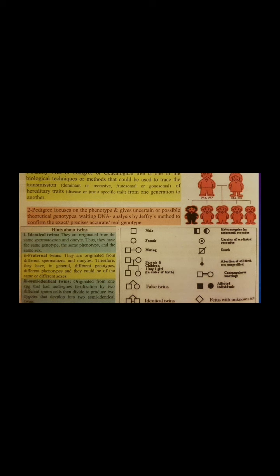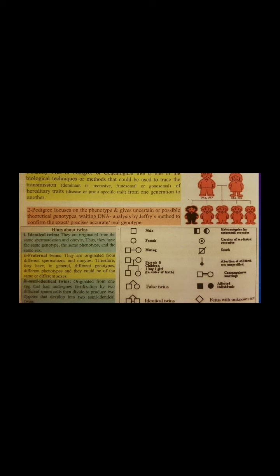Fraternal twins. Fraternal twins originate from different spermatozoa and oocytes. For example, two sperm enter, and the oocyte had already divided, so I have two. Each sperm fertilizes a certain oocyte. I already explained this in class.